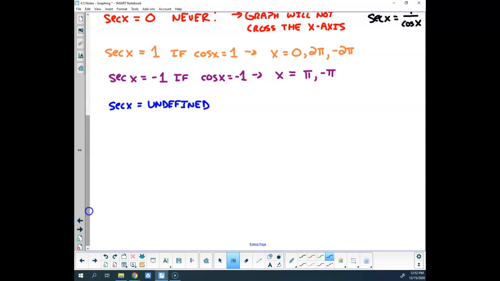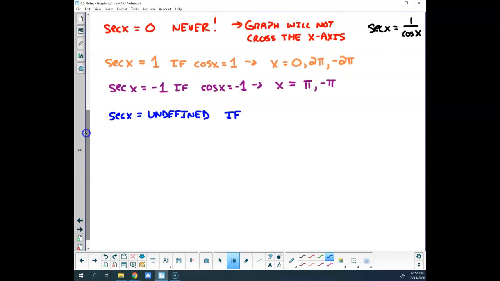When is secant undefined? Cosine is 0, yep. And where is cosine equal to 0?